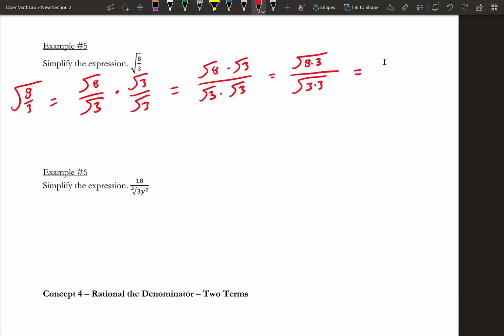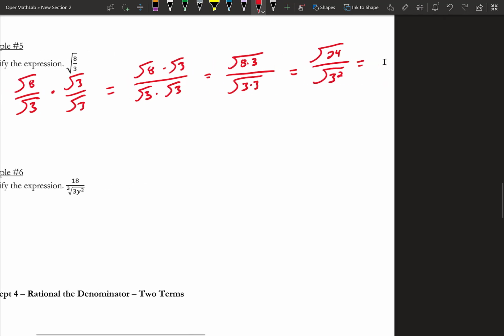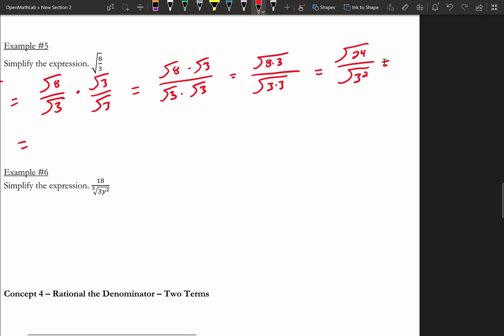So then this would be the square root of 24 divided by the square root of 3 squared. So this would be equal to the square root of 24 over just 3, right? Because that'll cancel out.